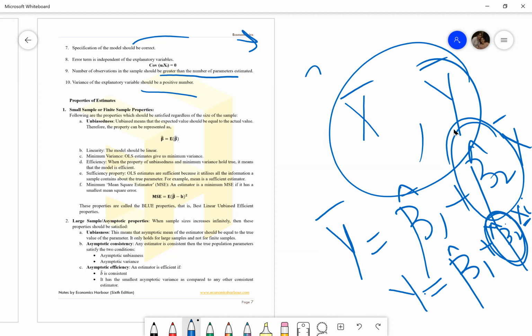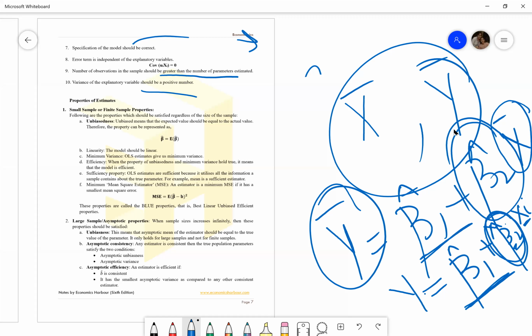Based on the number of observations, you are getting your beta 2 cap. This is just using one mean. You're getting my point? And what about this beta 1 cap? This is your random coefficient, your independent coefficient. It does not have any dependent or independent variable with it. It is just that autonomous thing you have.